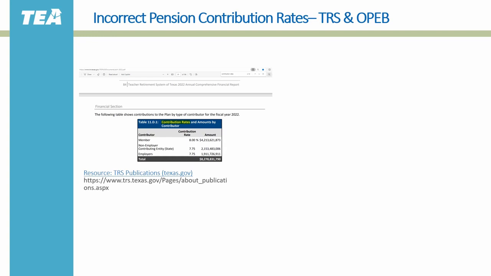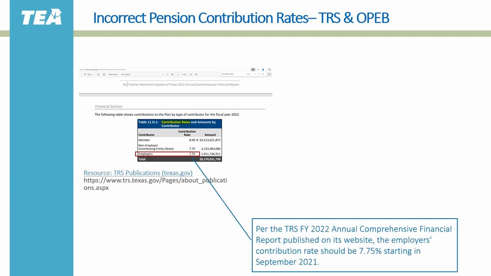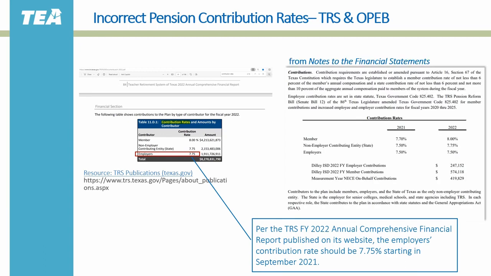You can see here it shows that the employer's contribution rate is 7.75%. However, on the right side, you can see this schedule was from notes to financial statements, and the school district reported the employer's contribution rate was 7.5%, which was incorrect.